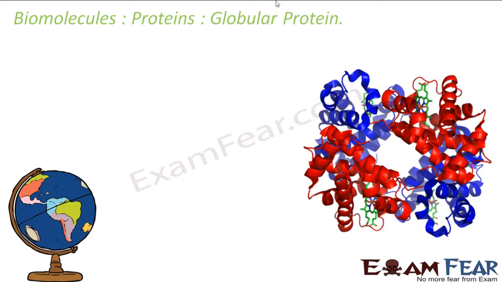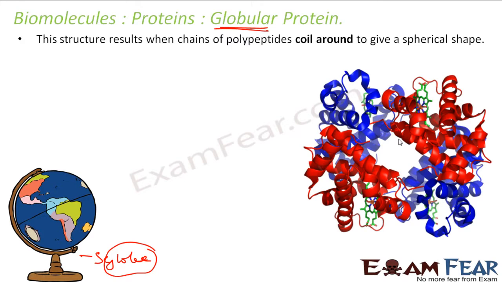The next is globular protein. The name comes from globe. Why? Because they look like a globe. They are three-dimensional, and they look like a sphere. They are water soluble, and this structure comes when the chain of polypeptides coils around to give a spherical shape.